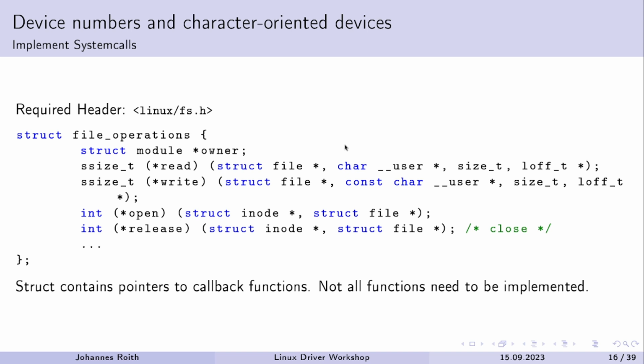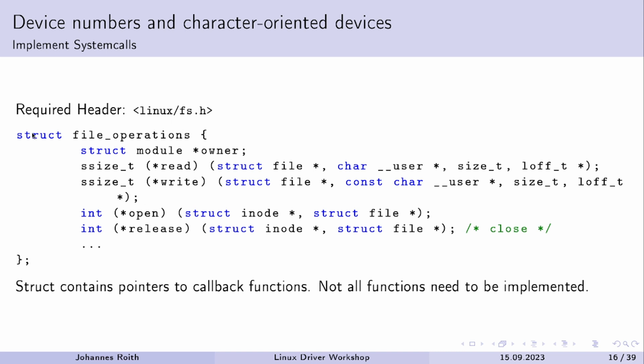Well, basically we have to follow the following steps. First, we have to implement the system callbacks. A file can have all the callback functions Linux supports, so read, write, open, release, I/O control, and so on. But we don't have to implement all the system callbacks, we just have to implement the ones we want to use. And then we have to bundle the callback functions in a struct, a file operations struct.